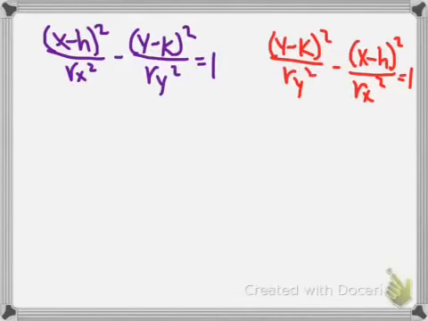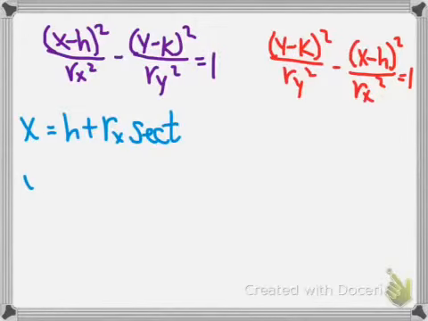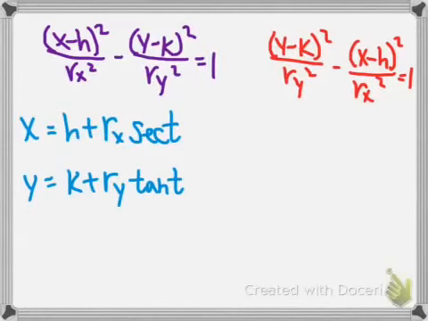How that translates to a parametric equation, if it's horizontal, then it's going to be x equals h plus the x radius times secant t, and y equals k plus the y radius times tangent t. The difference between horizontal and vertical is simply, it's the same setup, but for vertical, secant will go with the y and tangent will go with the x, as it is here.